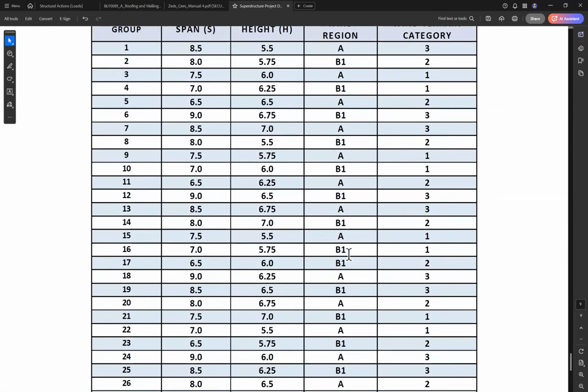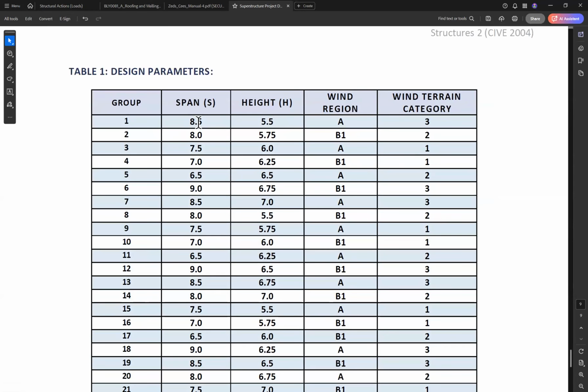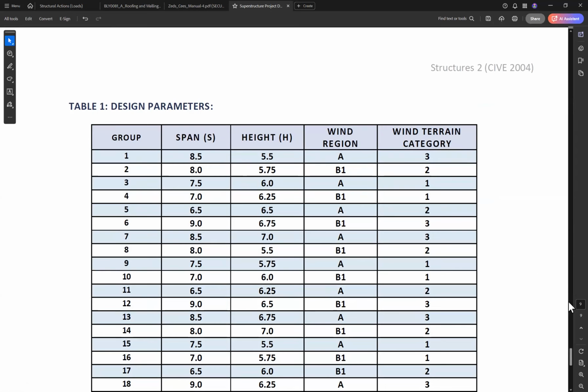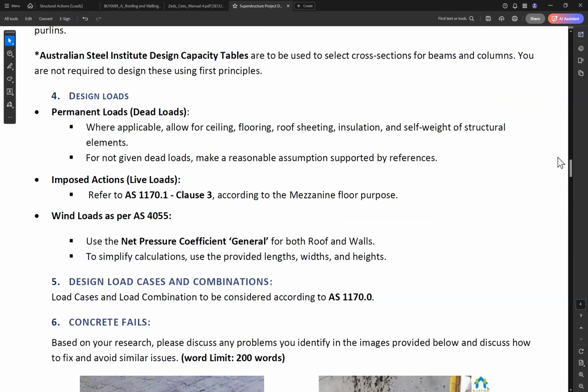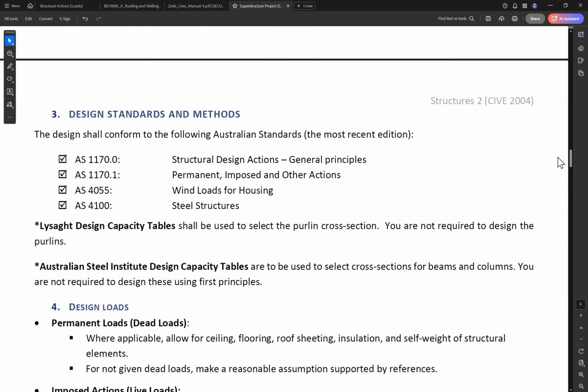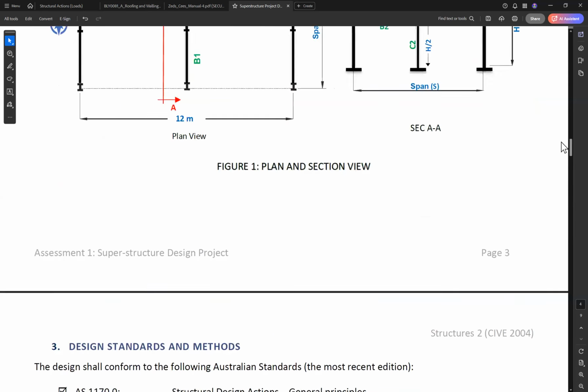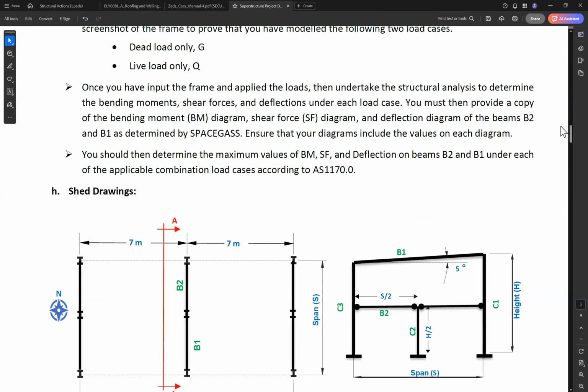Based on your group number, you will have the span and height of the column, wind region and wind terrain category. For example, if you are group 2, your span is 8, your height is 5.75, your wind region is B1, and wind terrain category is 2. So each group will have different values so that we can differentiate, and groups are not copying or using the same file.